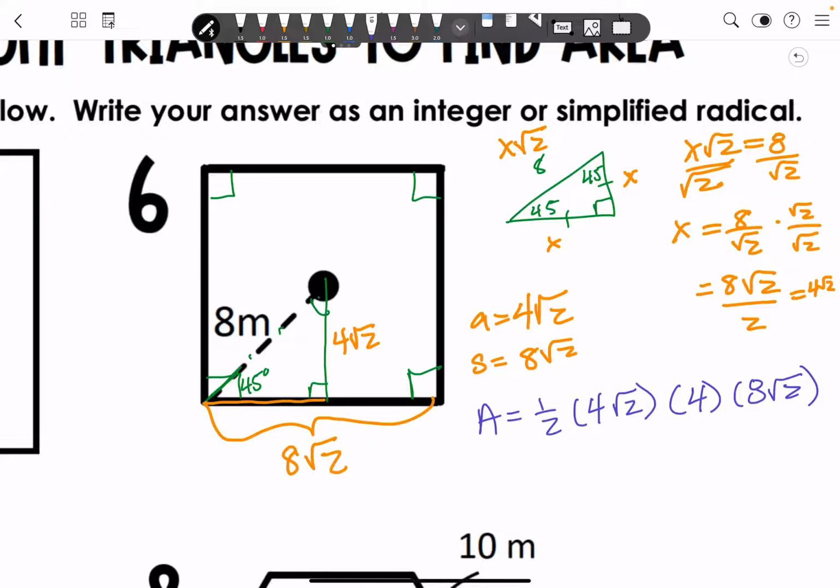And the way I'm going to do it is I'm going to do 4 times 4 times 8 times the square root of 2 times 2. Outside times outside and inside times inside. And I'm going to put it all over 2 since I'm dividing it by 2. That just makes my life easy for me.